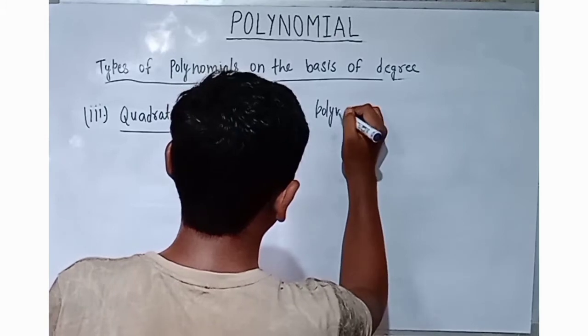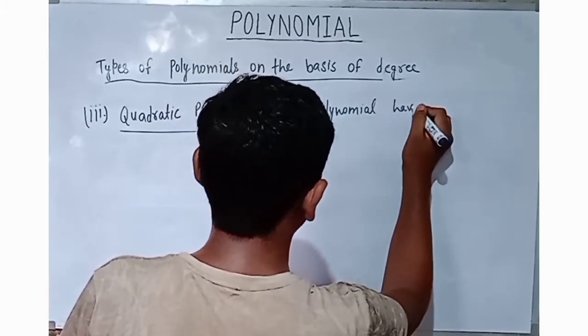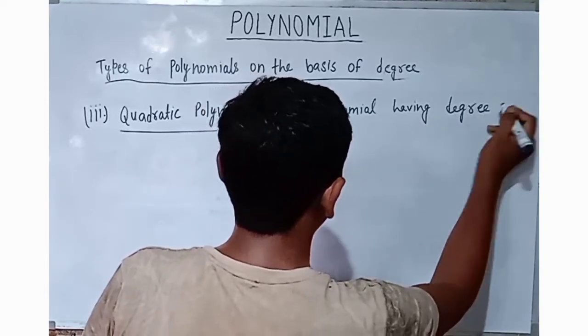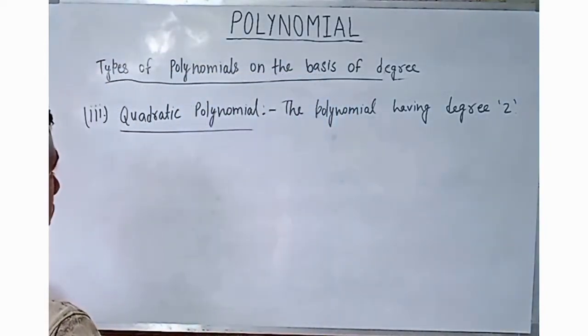The polynomial having degree 2. Any polynomial whose degree is 2 is called a quadratic polynomial. The polynomial having degree 2 is said to be a quadratic polynomial.